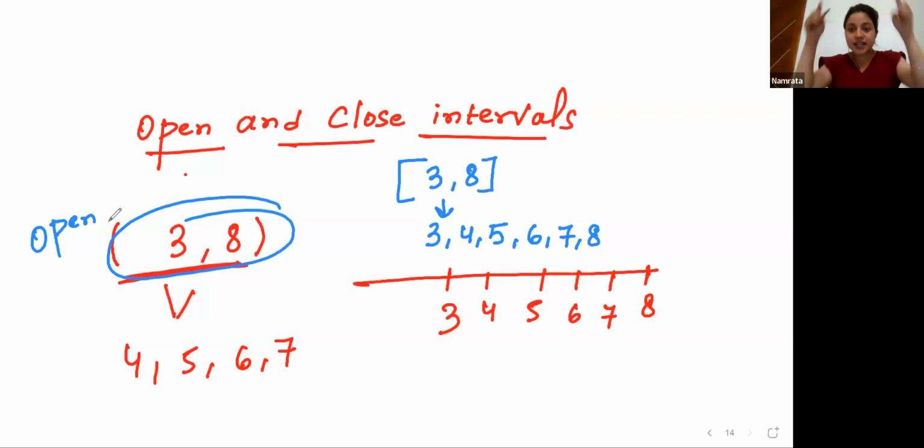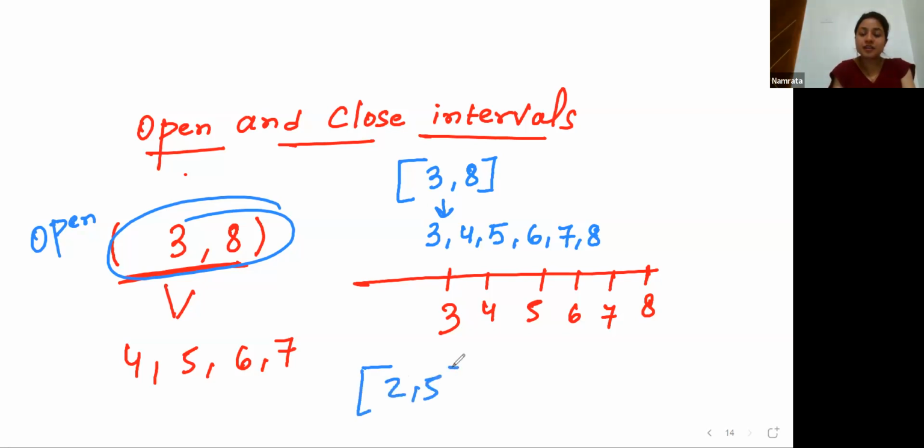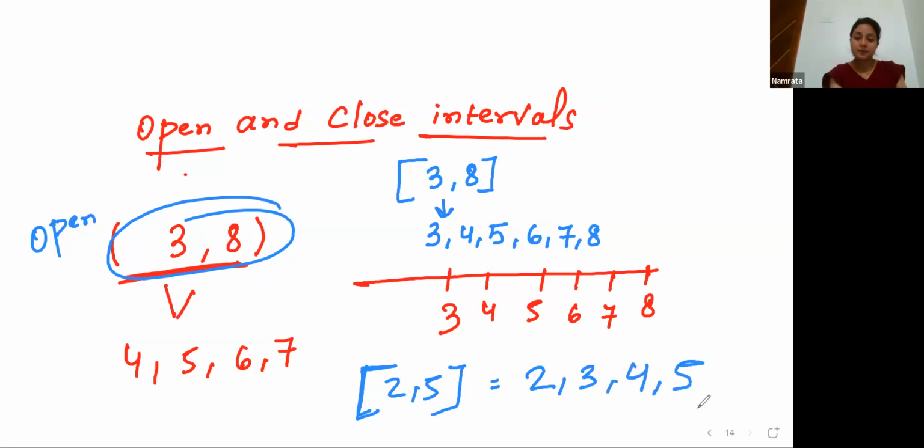Whenever you see the rectangular bracket, the endpoint is also included. So if I write here [2, 5], then 2 is included due to this bracket, then 3 is there, then 4 is there, and yes, 5 is also there.